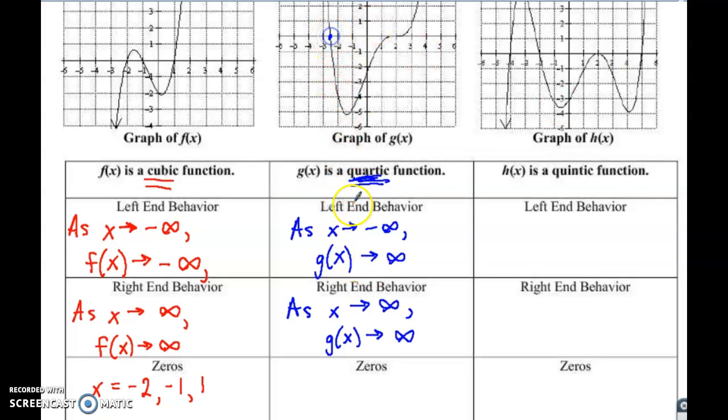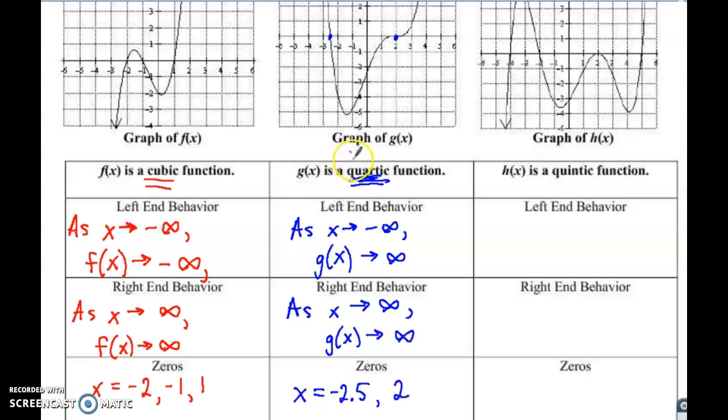Now, I remember this graph from the previous one. It was -2.5 or -5/2 if you prefer writing it that way. And then this 0 is a wonky 0.